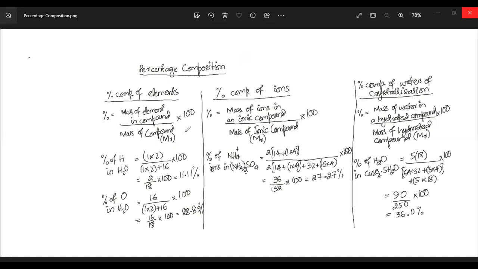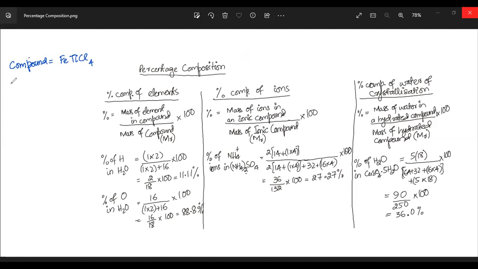So you have all the data in front of you. What I'm going to do is use a different color over here, and we are going to write a couple of questions. For example, the compound you have is FeTiCl4.